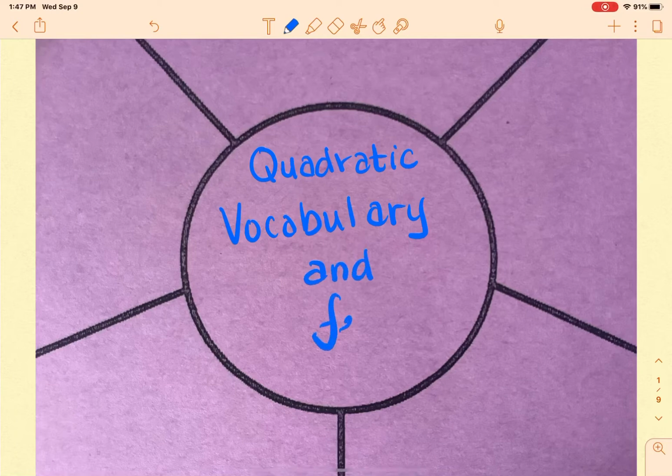We're going to talk about the big ideas with quadratics, big vocabulary things, but we're also going to go through and talk about special features about it. Now this is part one. We're going to go to part two to deal with the rest of this. So let's go to our first piece of the template.